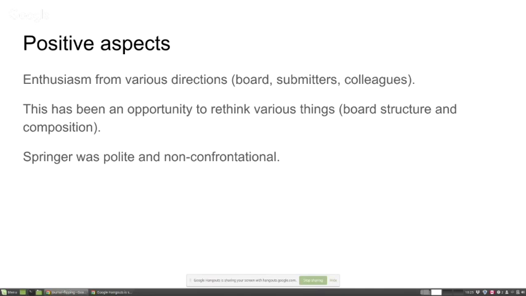It was basically the same board it was 25 years ago, and the gender balance was terrible, so we moved to fix that right away, and we now spend serious time thinking about board structure and the constitution for the journal, how we want to build a better journal going forward.